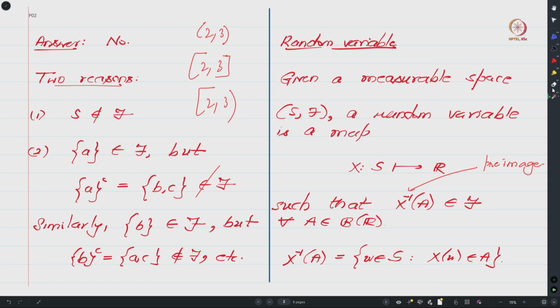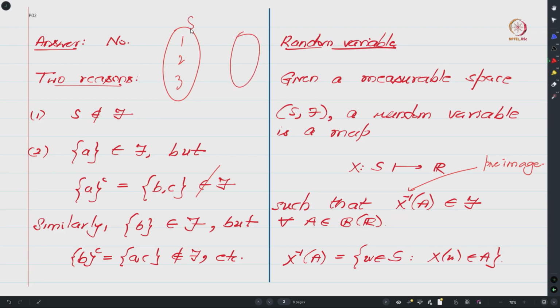So for example, let's say your original set is 1, 2 and 3, and let's say this is S and this is R. Or let me instead of labeling it as 1, 2, 3, label it as A, B, C, and let's say A and B map to 1 and C maps to 2. So in this case, X inverse of, let's say, the interval [0, 1].